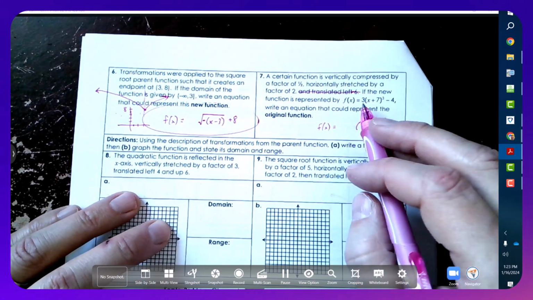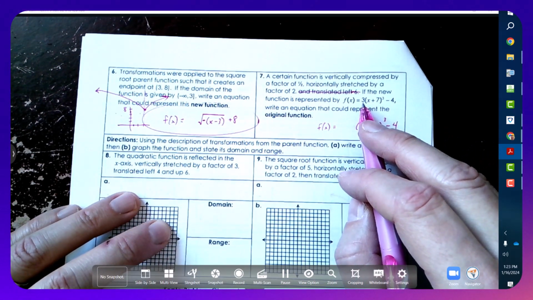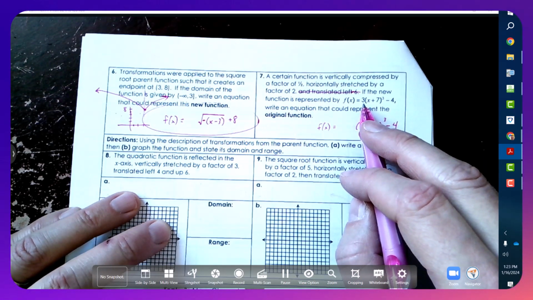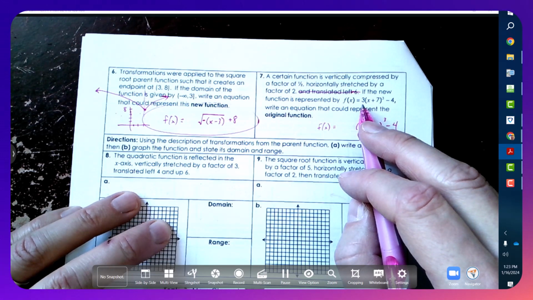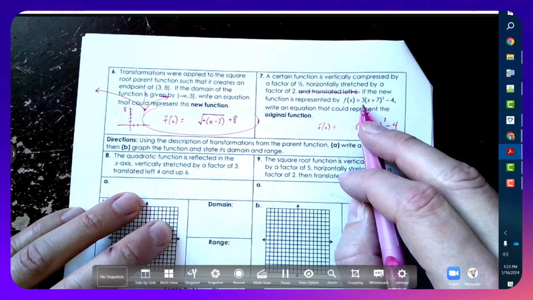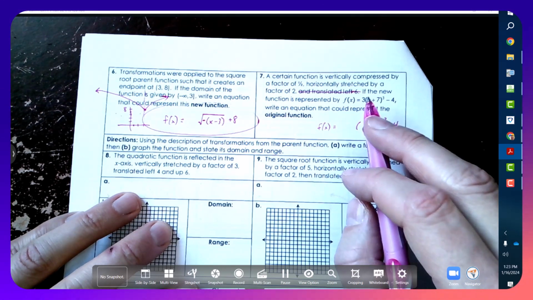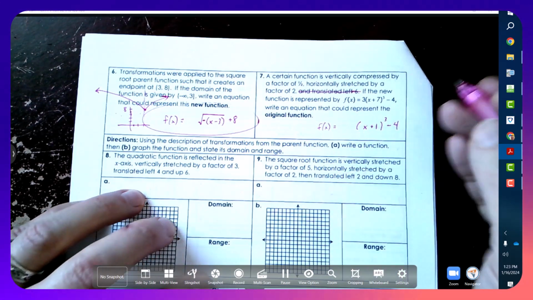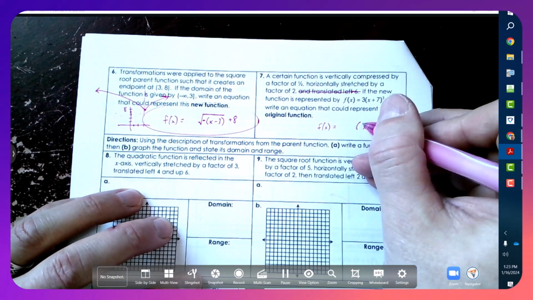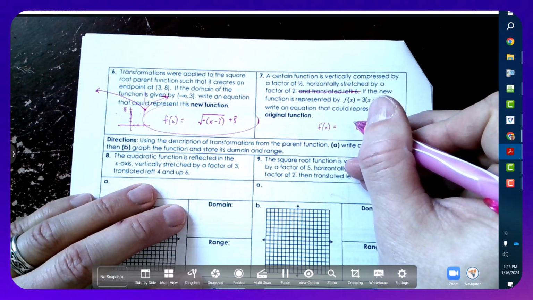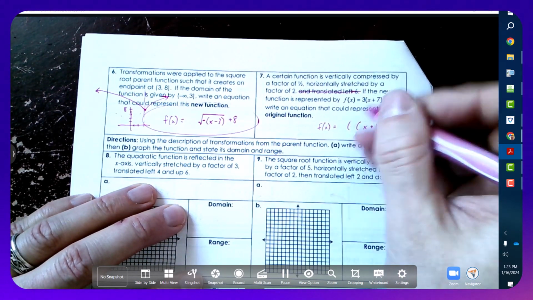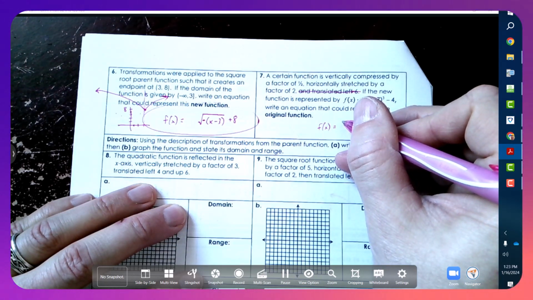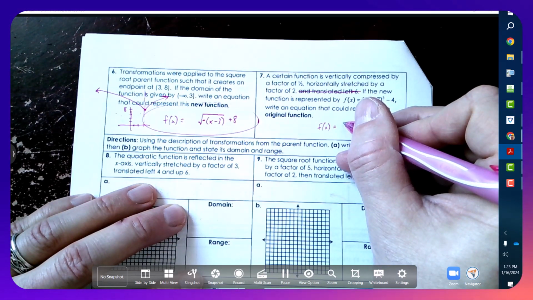Here on the outside of the function, it has already been compressed by a factor of 1/2 to the new function. So if we took the 3 on the outside and then did a compression of 3.5, then it would be, oh, okay, got it. It'd have to be 6.